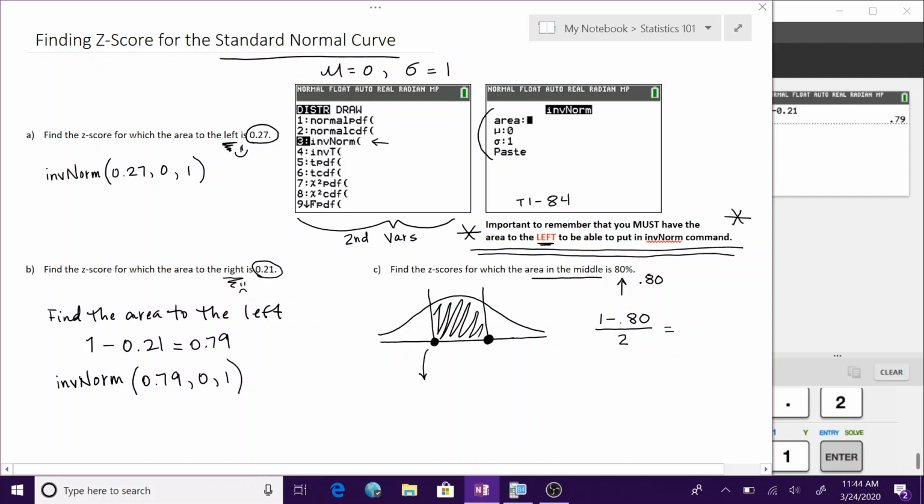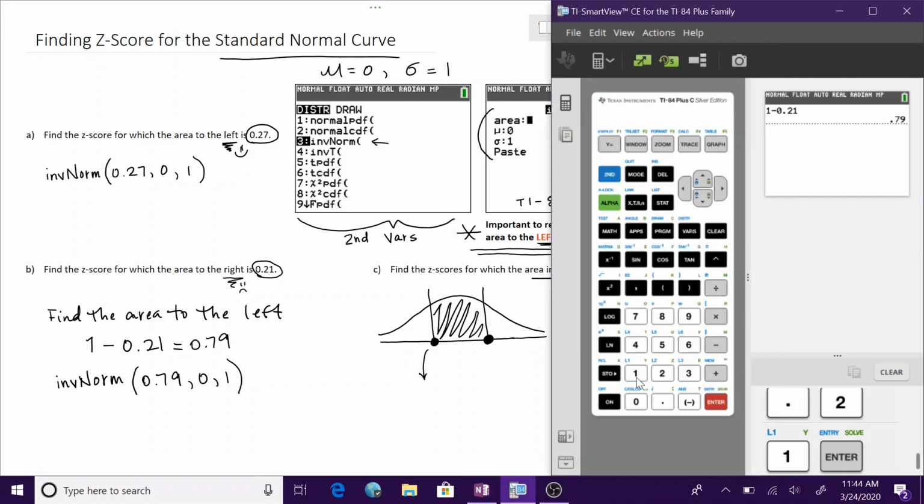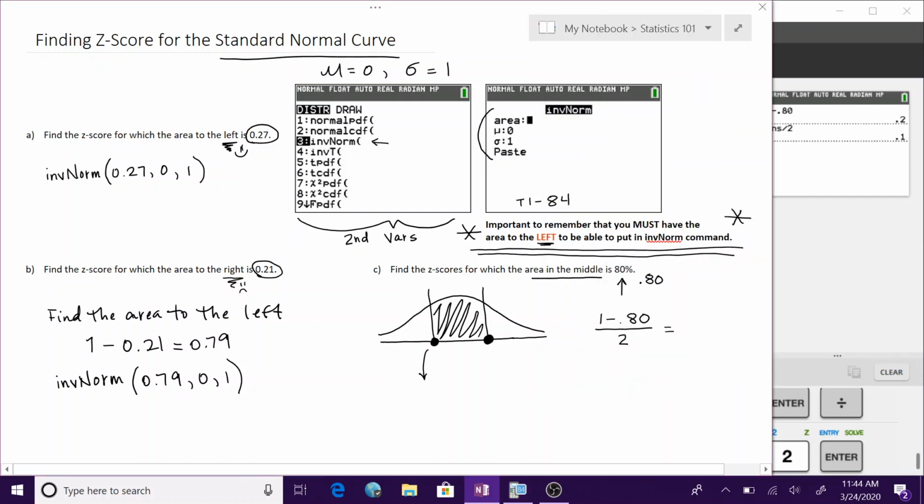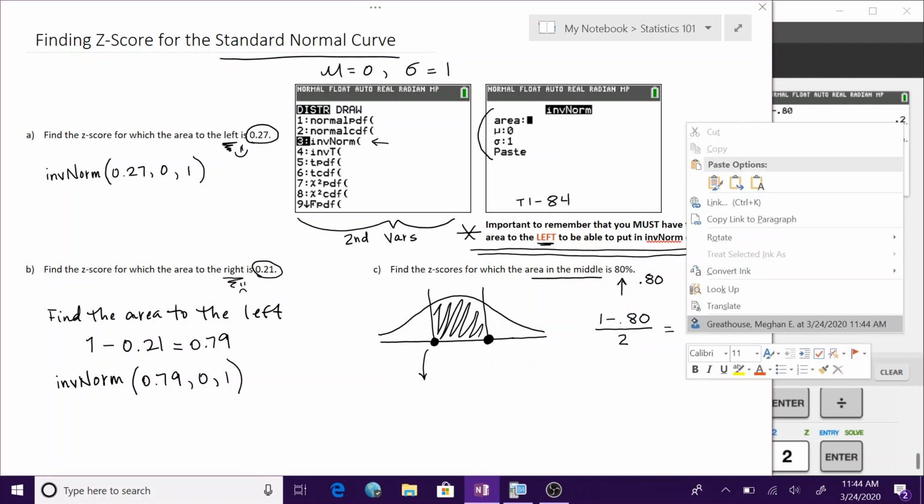So let's see what that is on our calculator. We're going to do 1 minus 0.80 and then divide that by 2. So the missing areas that we have are going to be 0.10.